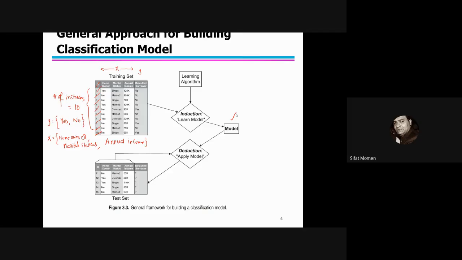We will see an example; don't worry about that. Basically, you have a training set and a learning algorithm. You apply the learning algorithm on the training set, and it learns and creates a model. Is that okay so far? Yes, sir. So we create this model using which data set? The training data set.